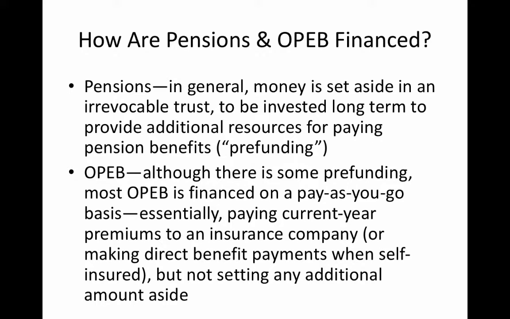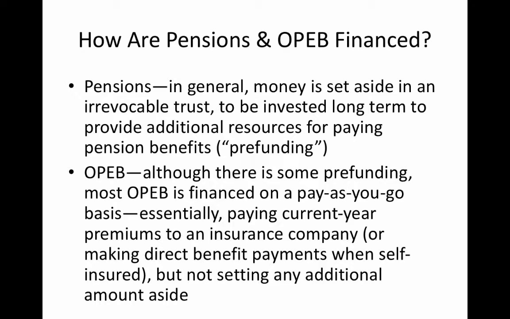On the other hand, even though there is a little bit of pre-funding for OPEB, overwhelmingly governments pay for OPEB on a pay-as-you-go basis, essentially either paying premiums to an insurance company on behalf of the retirees, or if they're self-insuring, making direct benefit payments to the employees to reimburse them for covered medical expenses.